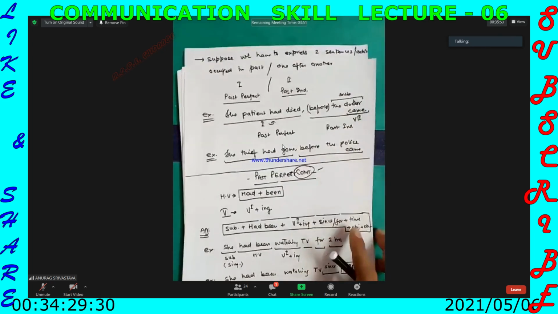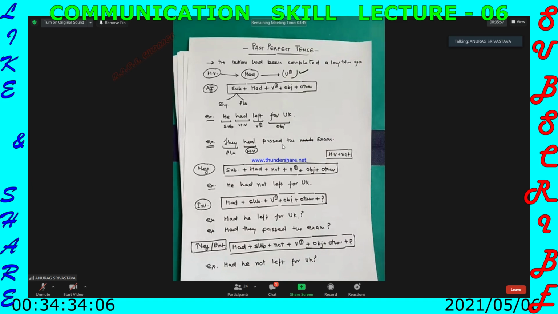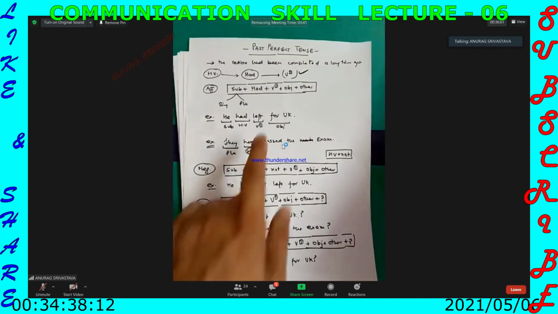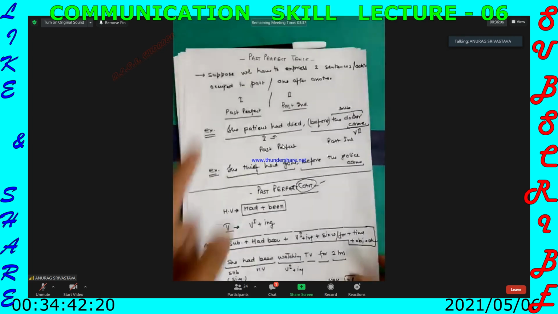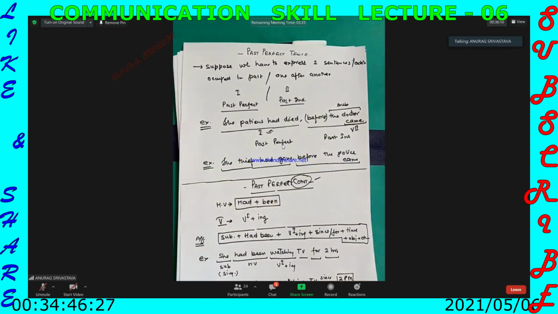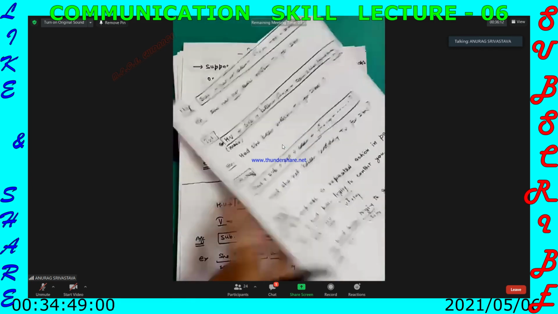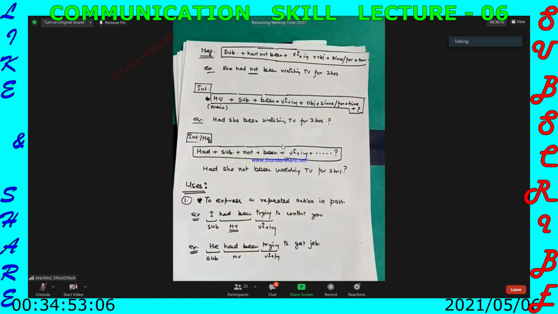In past perfect tense, there are four types of sentences and their uses. Then past perfect continuous tense, its format, and then its uses. If anyone has any doubt, they can ask me.